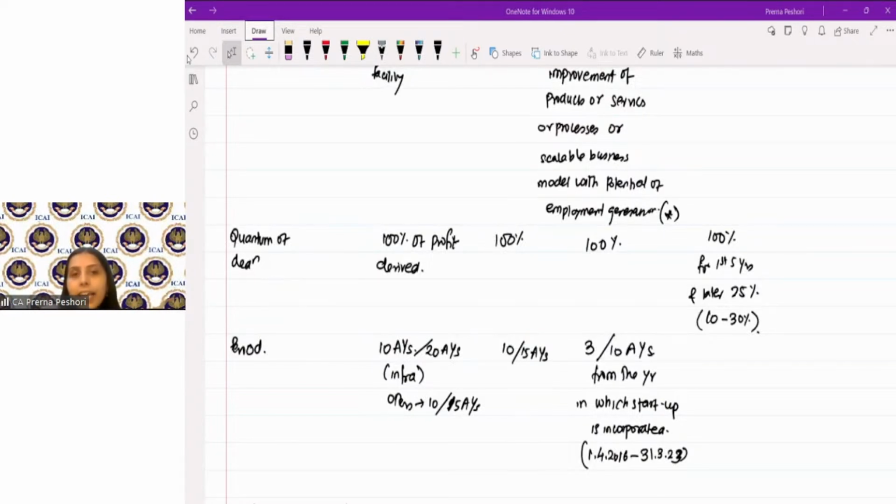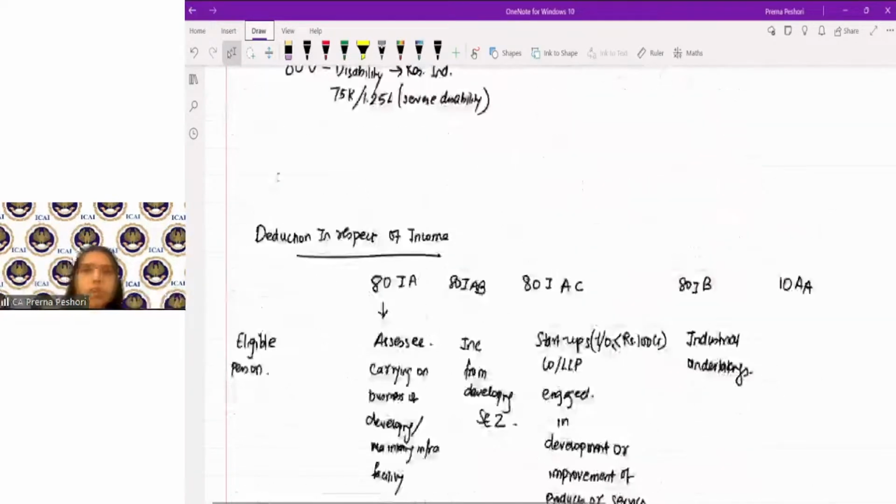Then 80IE is there, which is also again between 1/4/2007 till 1st April 17, which was for the northeastern states. So again, that is also not relevant, but it was given in your module, so I'm just describing it. But these are the main relevant deductions for your particular attempt. And then we will do the 10AA. But before that, there is one more deduction which I would like to cover here. We can cover it separately also.